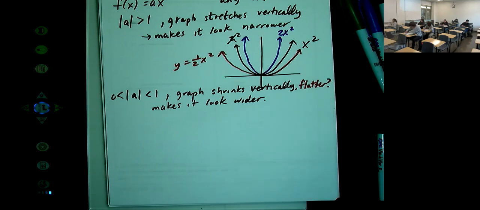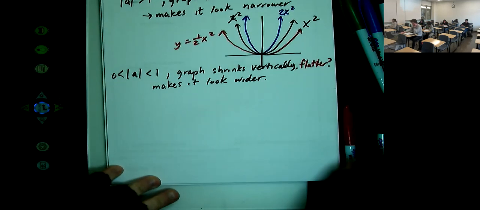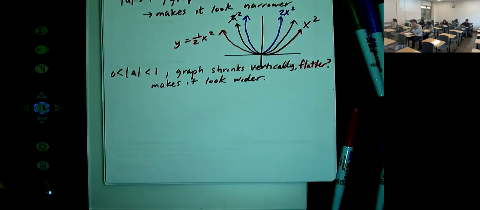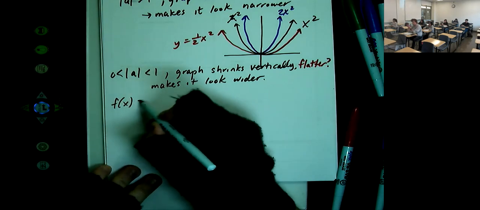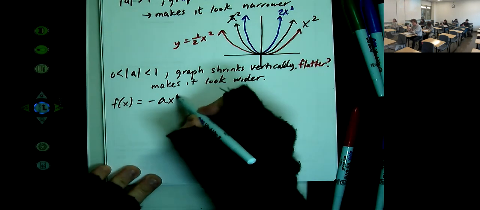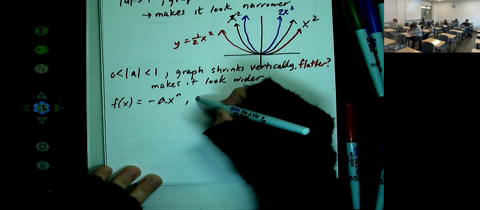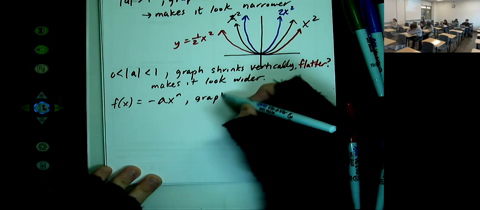It's like it's flattened down. If we have negative ax to the n, the graph is reflected across the x-axis.